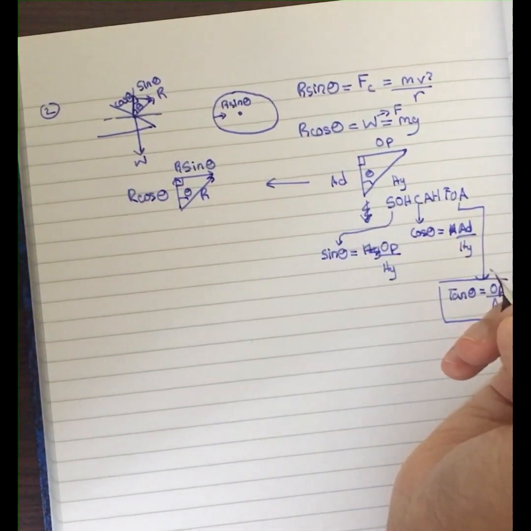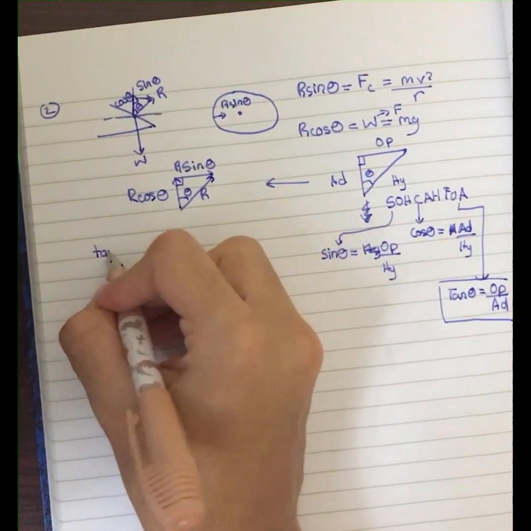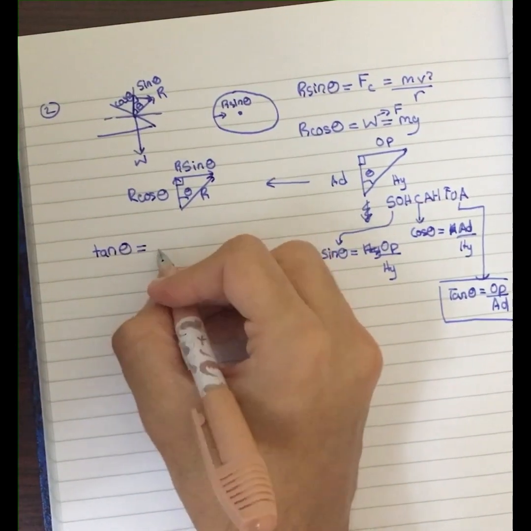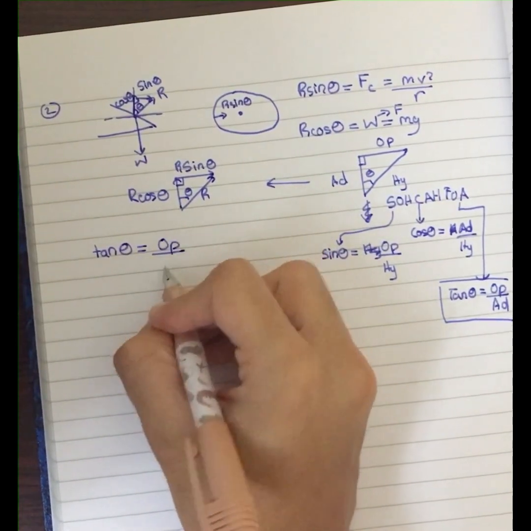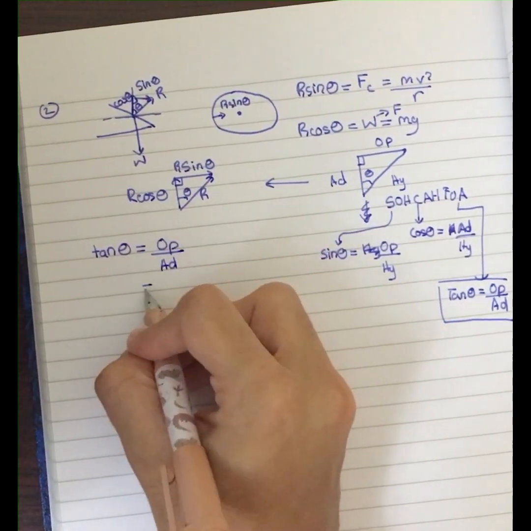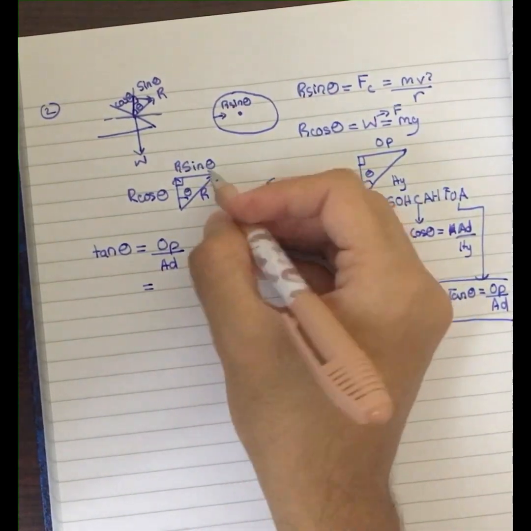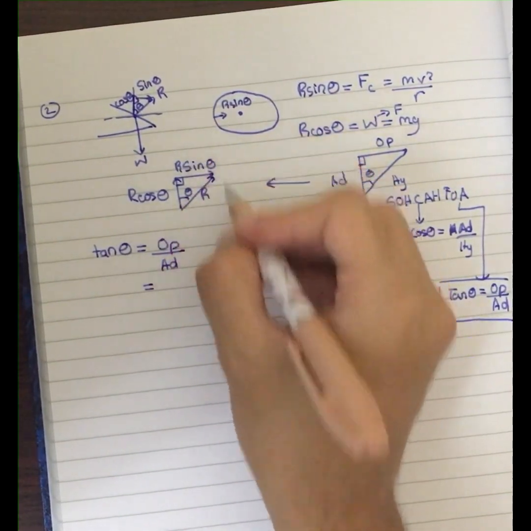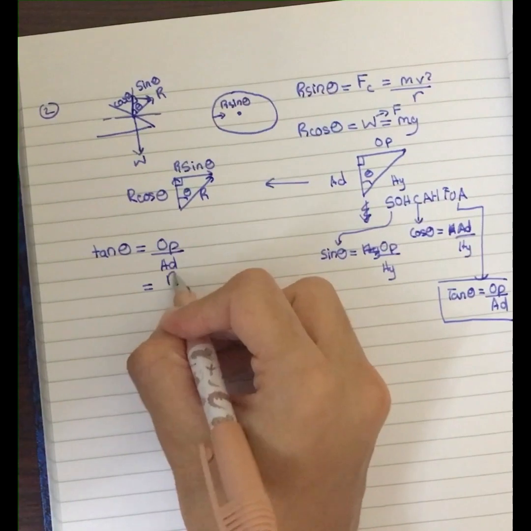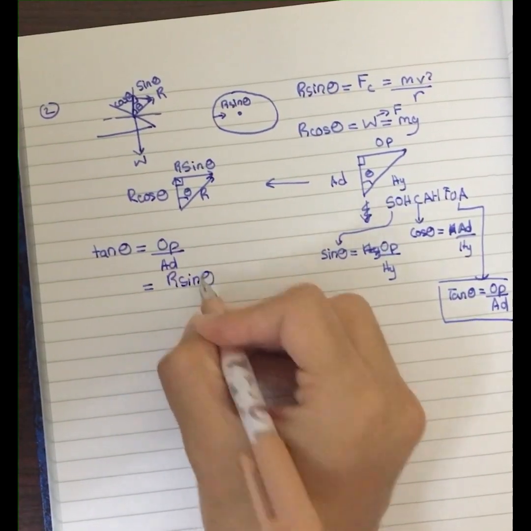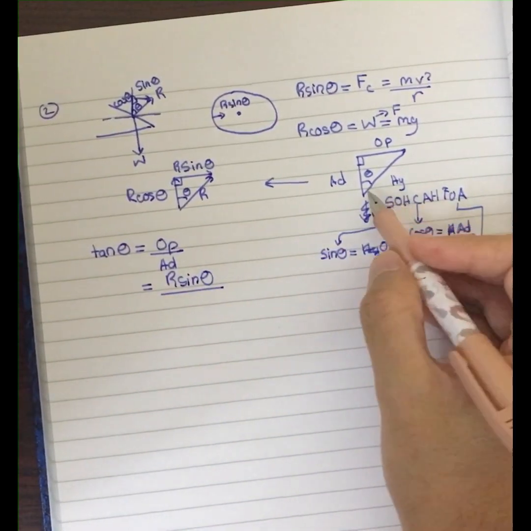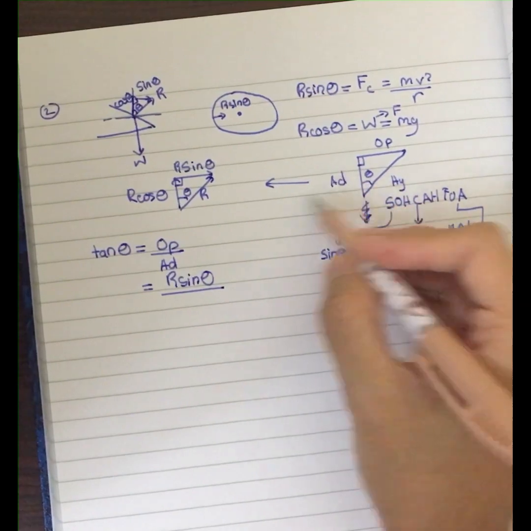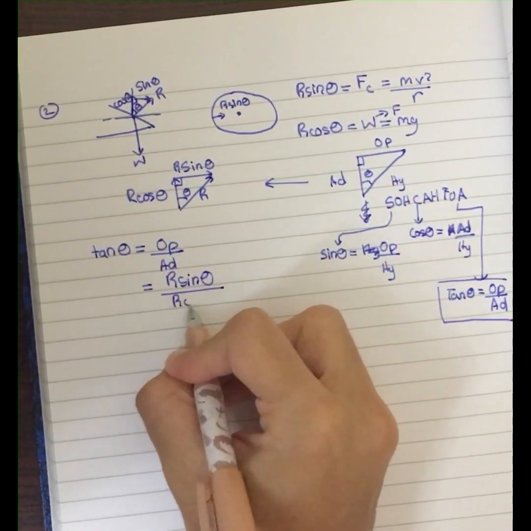So now we're going to use tan theta. Tan theta equals opposite over adjacent, as we have stated before. This is our opposite, so R sine theta, and this is our adjacent right here, so R cos theta, right?